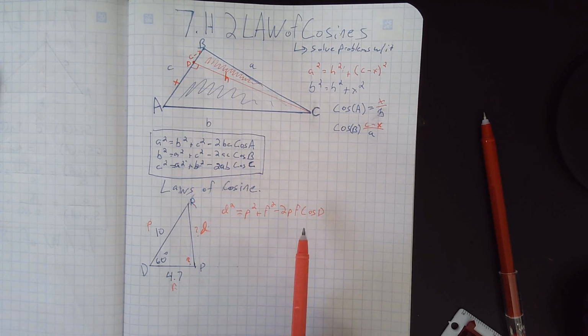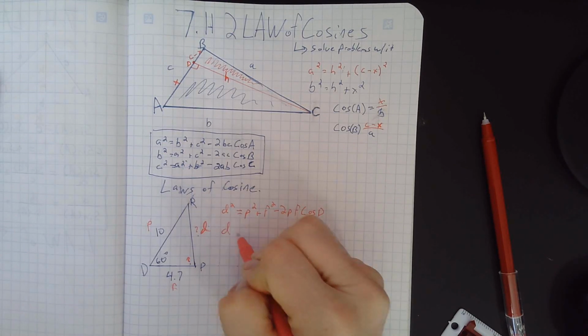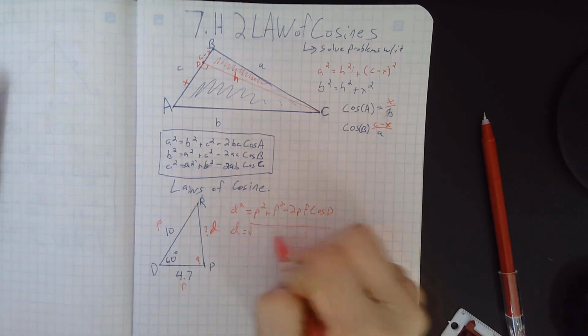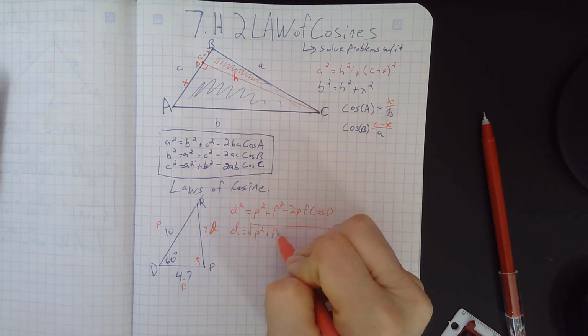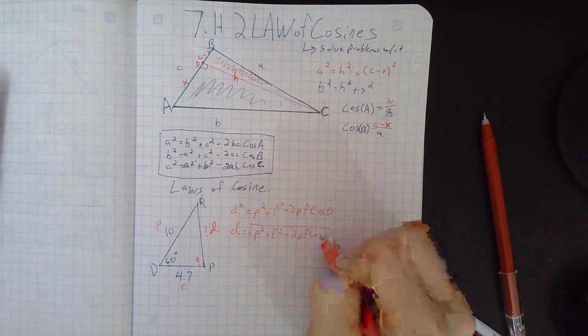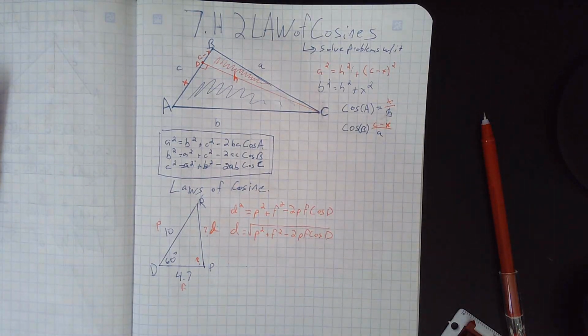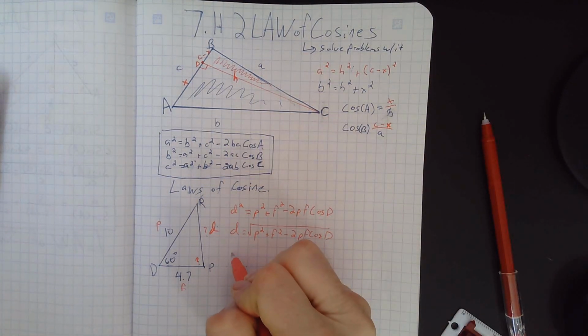Okay, yep, that works. So I'm going to say that all inside of this radical. Now I'm just going to plug some numbers in and figure out what D equals.